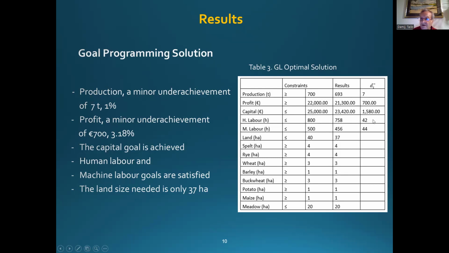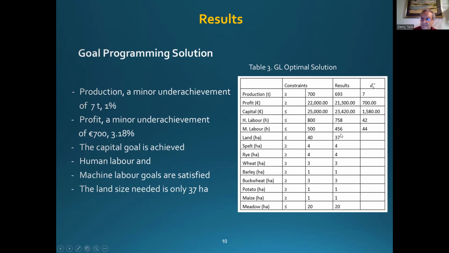The human labor is 758 hours, so less by 42 hours. And the machine labor is 456 hours. This is interesting. The land needed to implement this solution is 37 hectares.